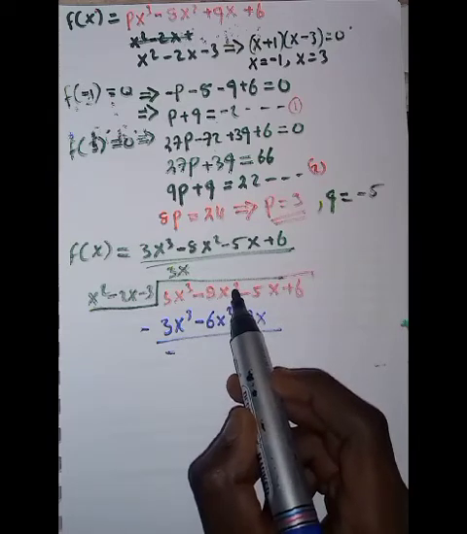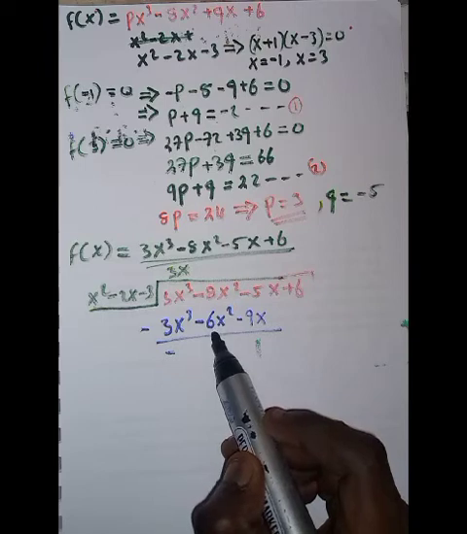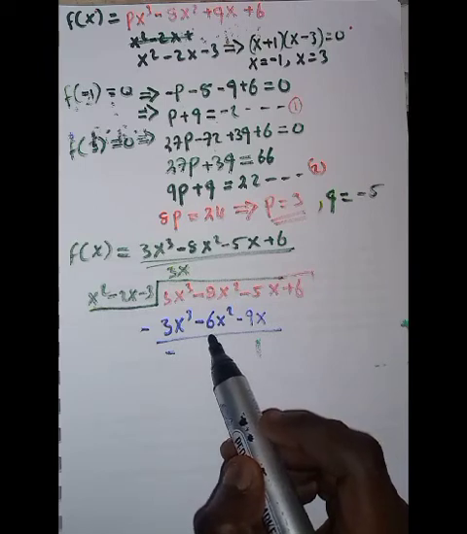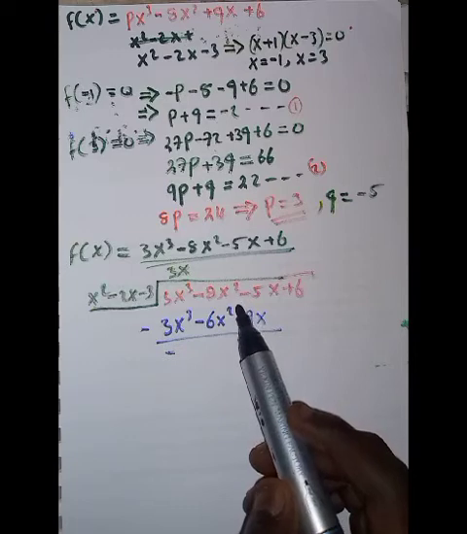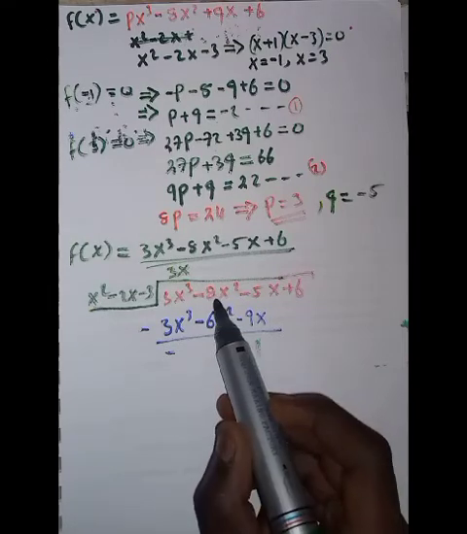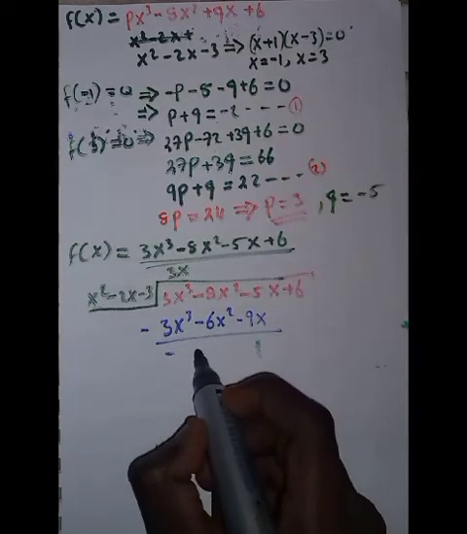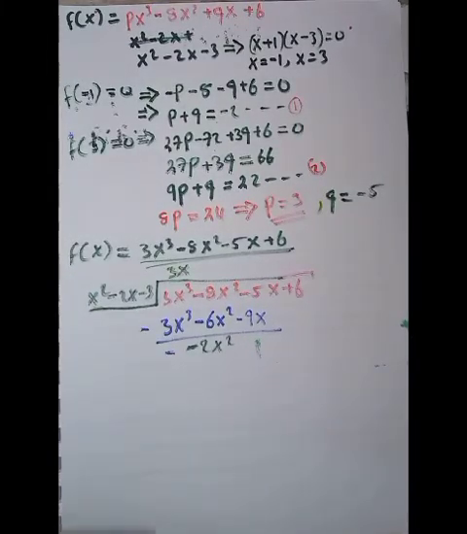Then -8x squared minus -6x squared is just going to give me -2x squared.